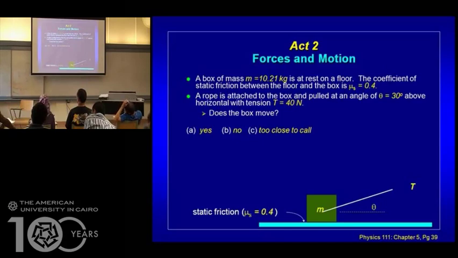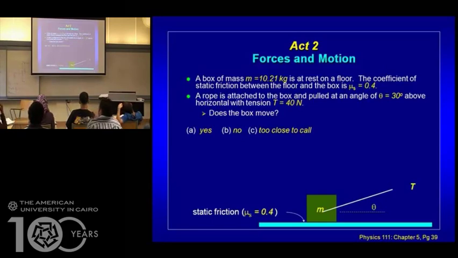So we need to find N. Ali is saying we have to find N. If we look at this along the y-axis, N plus T sine theta minus mg equals 0, which is exactly as perfect. That's okay. Which means that N equals mg minus T sine theta.